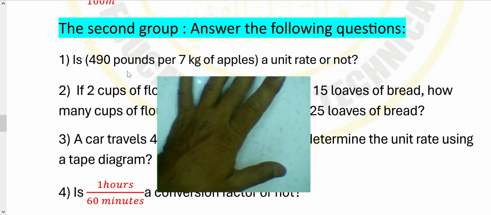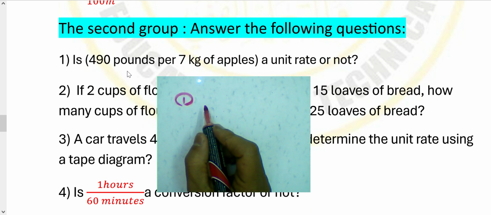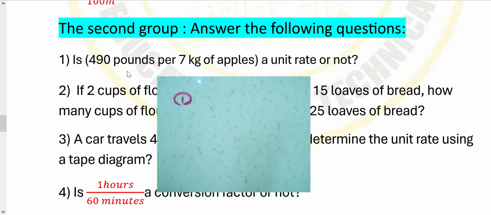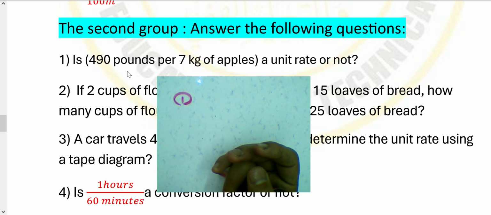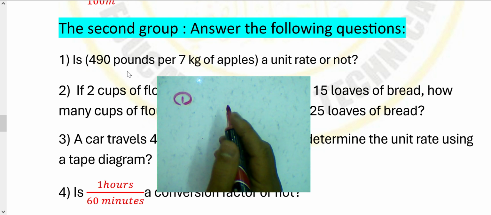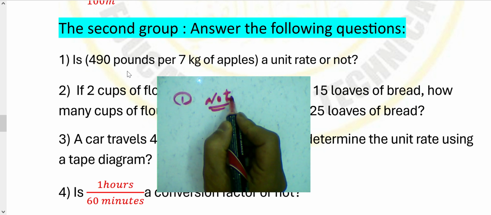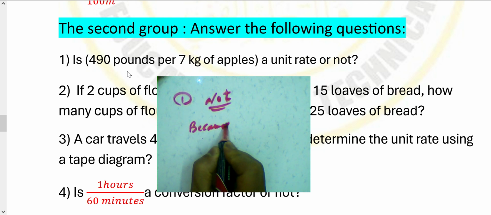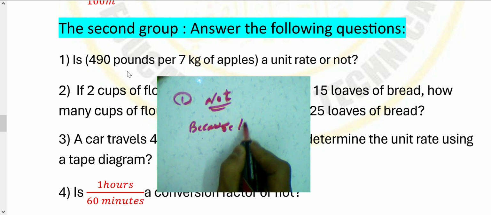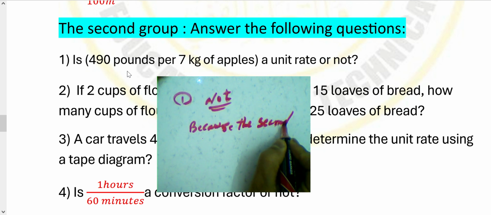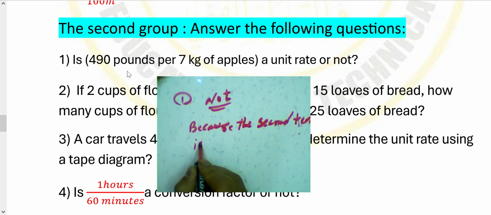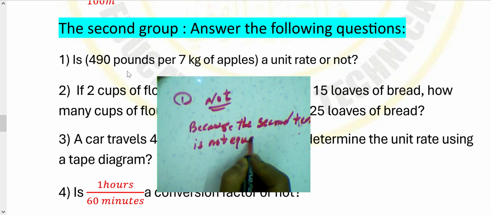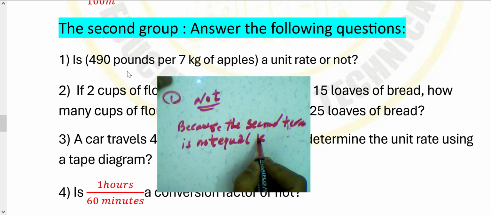Next, question number 1. Is 490 pounds per 7 kilograms of apples a unit rate or not? It asks whether this is a unit rate or not. Of course, not a unit rate. Why? Because the second term must equal 1 unit. The second term is not equal to 1 kilogram.